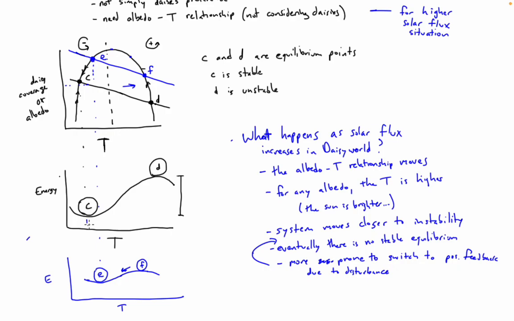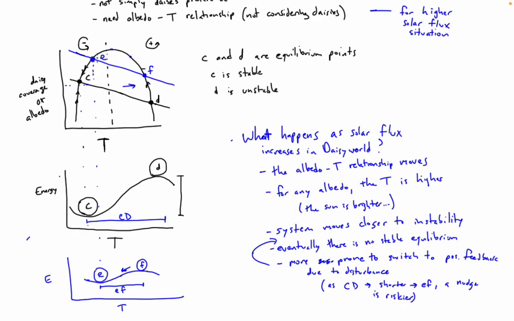So this distance, let's just call it CD, is larger than EF. As CD gets shorter, a nudge is riskier. I'm kind of writing the same thing more than once.